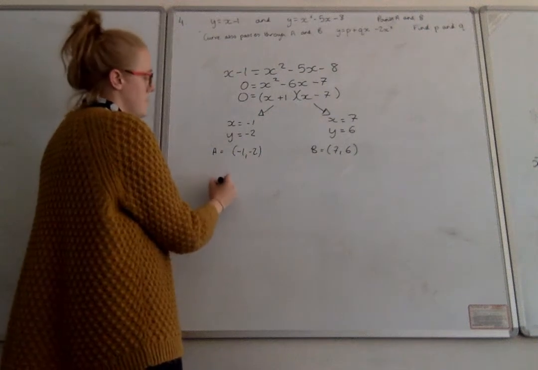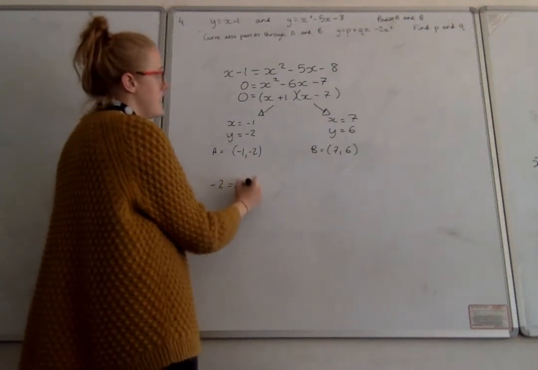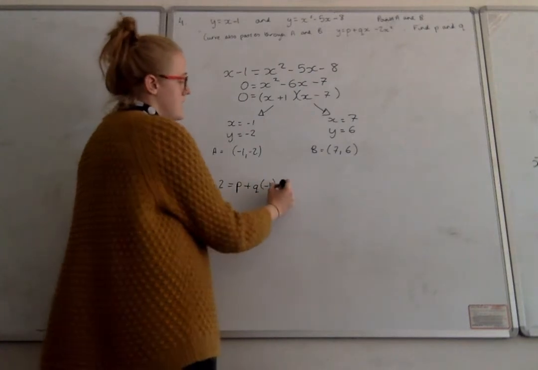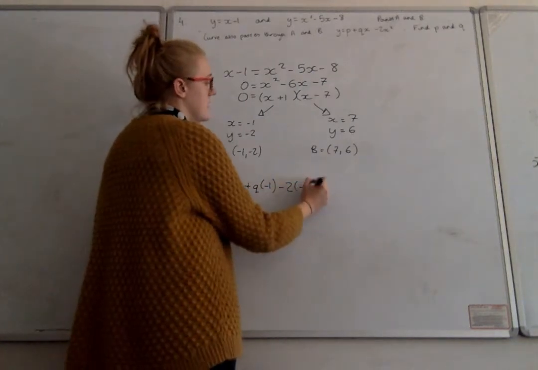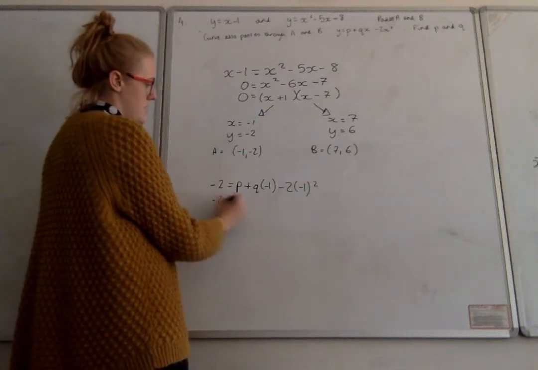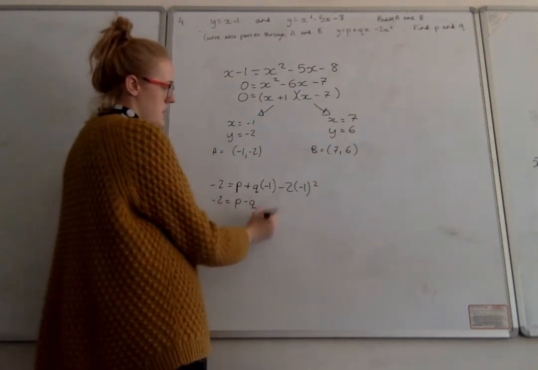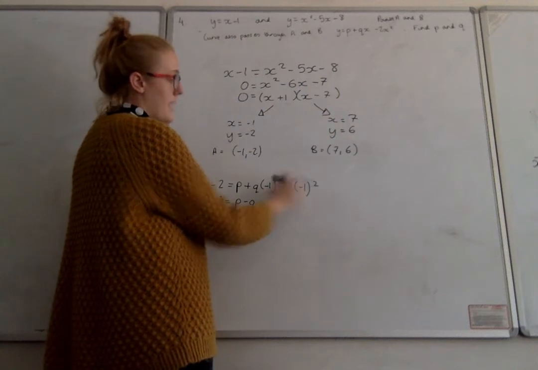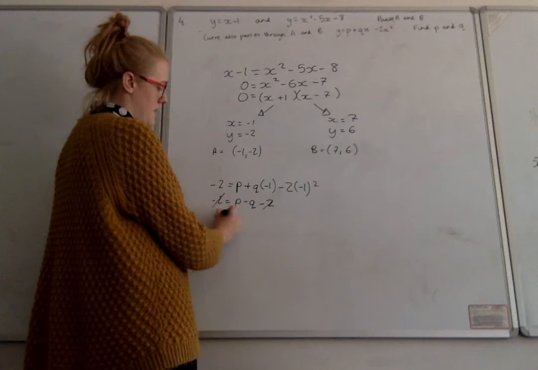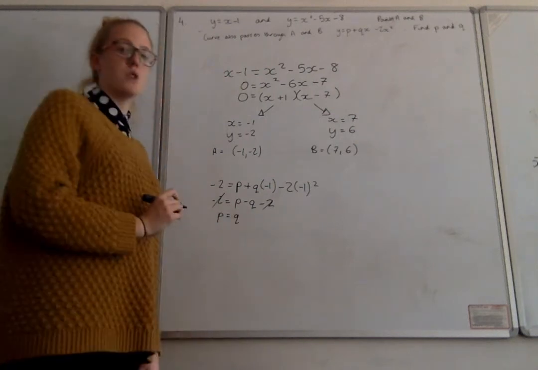So y, which is minus 2, is equal to p, and q lots of x, which is minus 1, take away 2 lots of x squared. So what I've got here is minus 2 is equal to p minus q, take away 2. These are going to cancel out, and I know that my p must be equal to q.